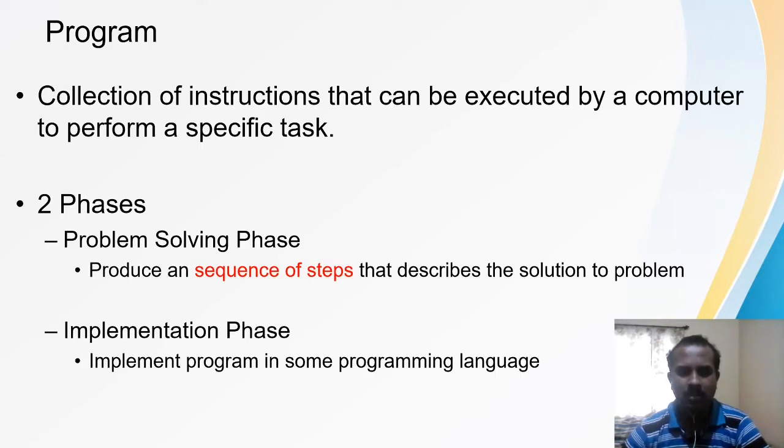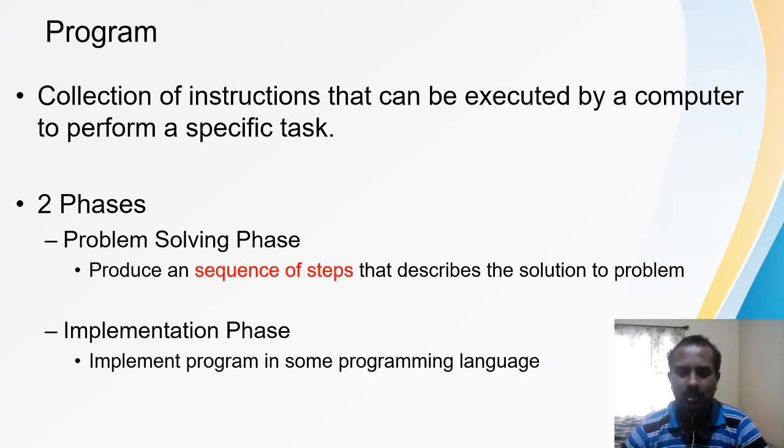While coming to the creation of the program, we mainly have two phases. The first phase is called the problem solving phase. The second phase is called the implementation phase. In the problem solving phase, you are going to produce the sequence of steps that describes the solution to the problem. The sequence of steps is the algorithm.